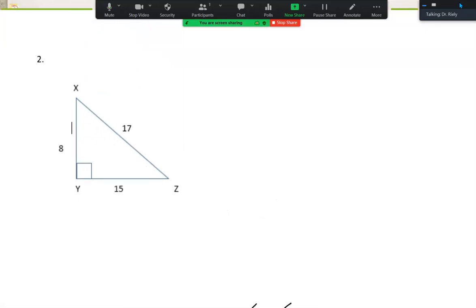Number 2, they've also given you all of your sides. You've got 17, which is the hypotenuse, because it's across from the right angle. You have 8, which is one of the legs. And depending on which angle you're coming from, it's either going to be opposite or adjacent. Same is true for 15. Okay, so I'm going to put SOHCAHTOA here again.